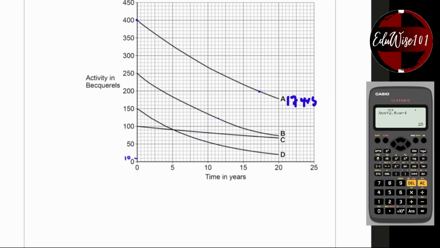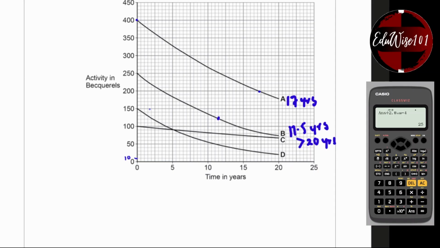So that is about 11.5 years. C is going from 100 to less than 50, so it's going to be greater than 20 years for C.